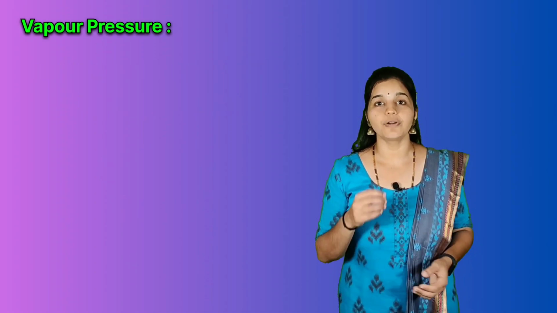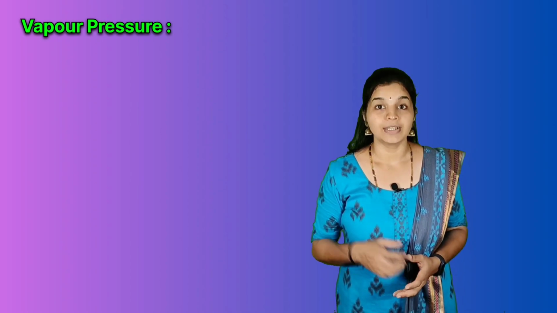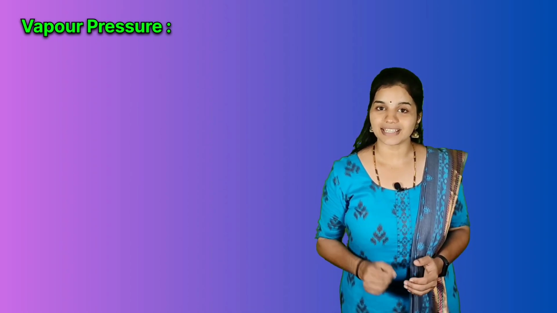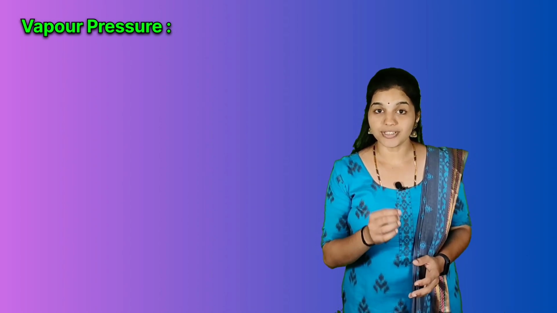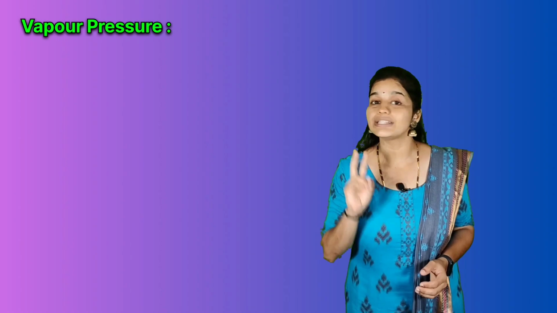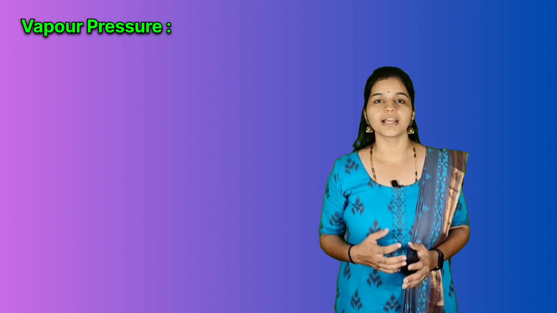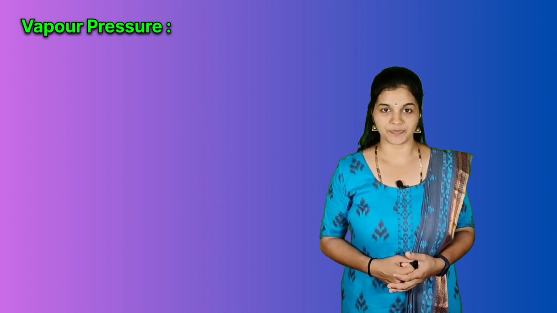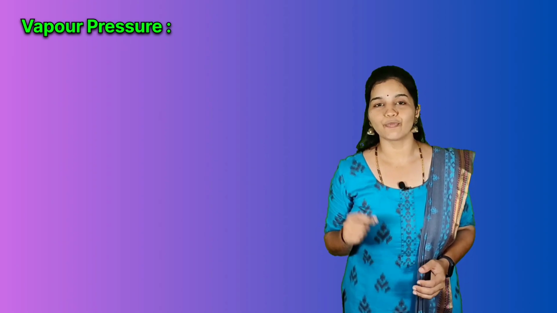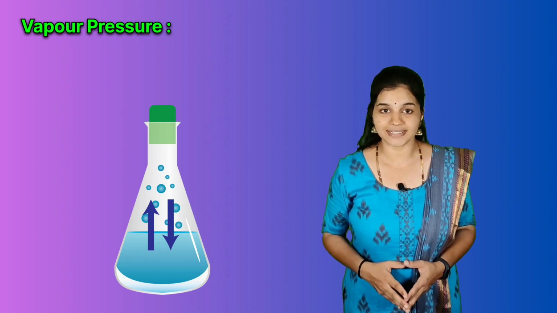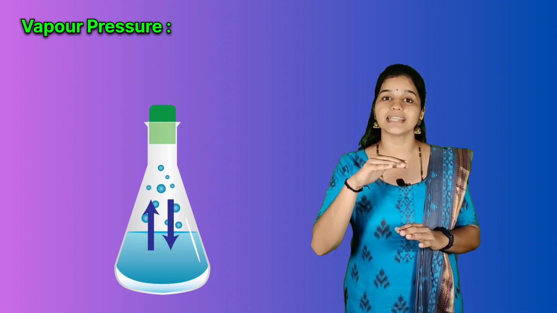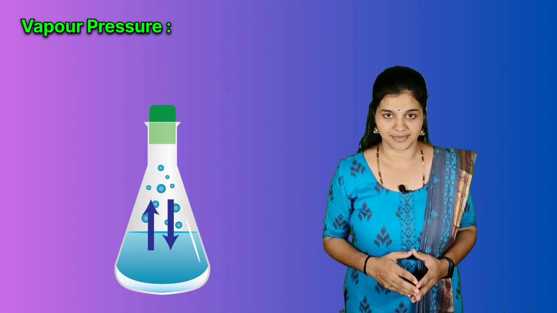Let us discuss about the vapor pressure in case of liquid in liquid solutions. Don't forget that we will be discussing only about binary solutions. So, the solutions that are having only two components. We are going to study about the vapor pressure. So, we need to know what this vapor pressure is. It is the pressure exerted by the vapor present above a liquid surface.